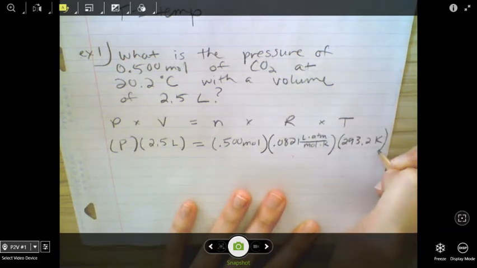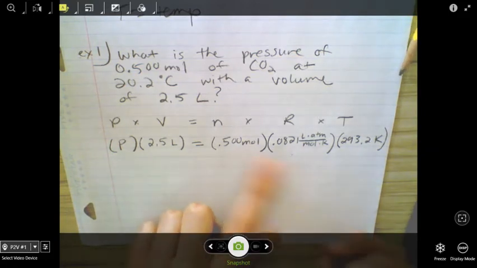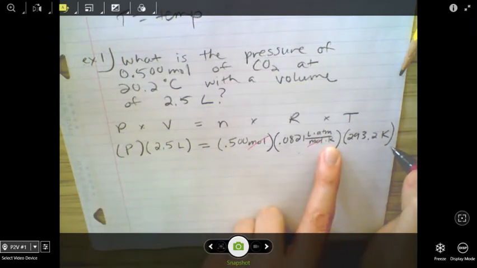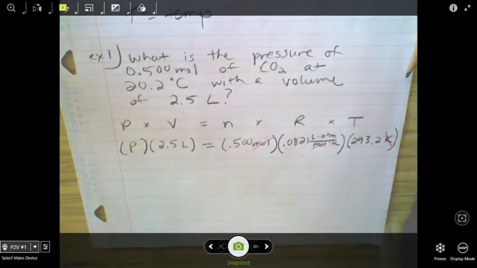Okay, keep your units. A lot of you I know don't like to write units, but when you take AP Chemistry, the AP graders want to see these units, and the units will also help you verify that you're on the right track. So if we solve for P and our units end up being ATM, we know we did all the right operations. Notice that moles here is in the numerator, here it's in the denominator, so it cancels. Same with Kelvin, so Kelvin cancels. So I'm going to simplify this.